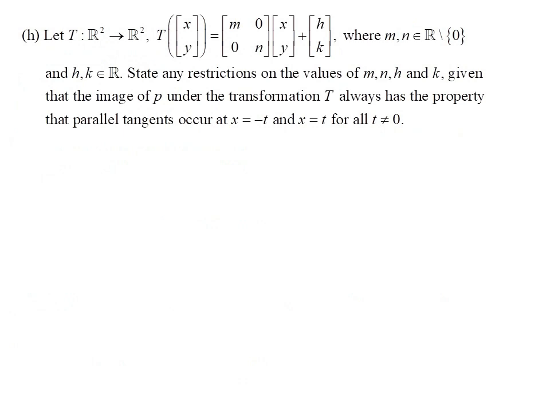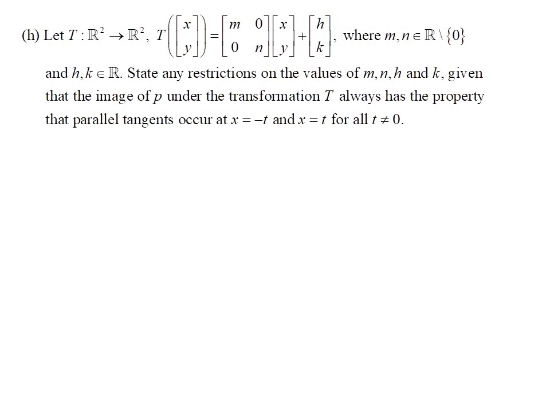In part H, according to the transformation in its matrix form, in the 2 by 2 transformation matrix, the diagonal elements m and n are dilation factors in the x and y axes respectively. Both m and n are non-zero real numbers. The elements in the 2 by 1 matrix represent horizontal and vertical translations respectively.